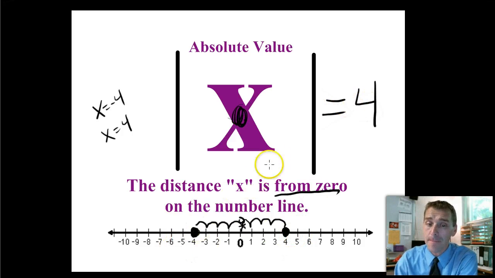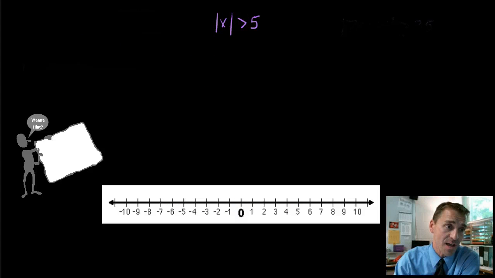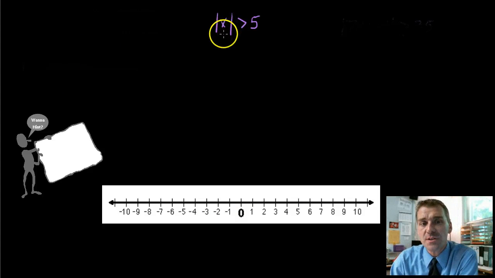But that comes into play big time when we start talking about these guys with absolute value inequalities. Because now what it's saying is, okay, I want something right here that you can tell me is a distance from 0 on the number line that's bigger than 5.